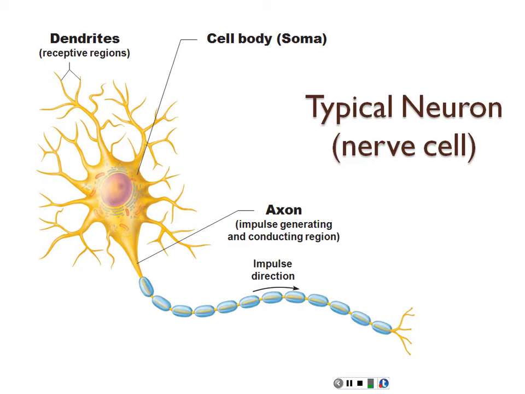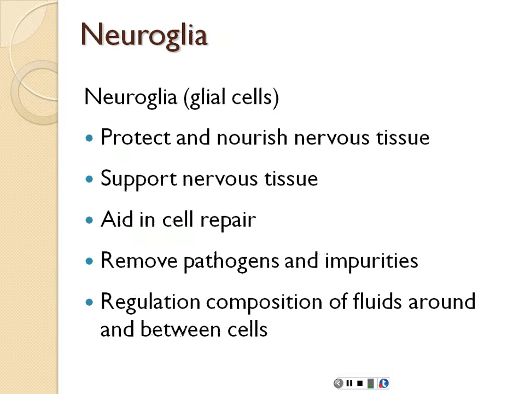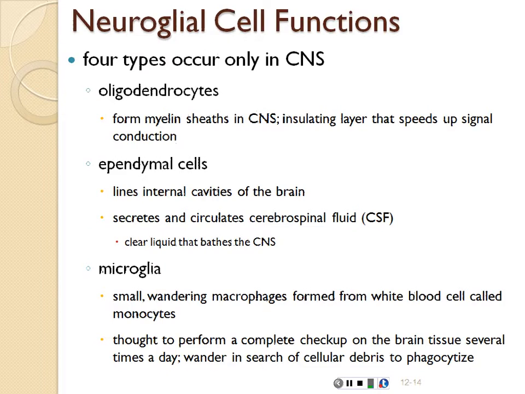Okay, so a neuron in the CNS that has myelin, that myelin is made by oligodendrocytes. If this cell were part of the PNS, they would be made by Schwann cells, right? And we'll see myelin is very important because it allows the signal to travel very fast.